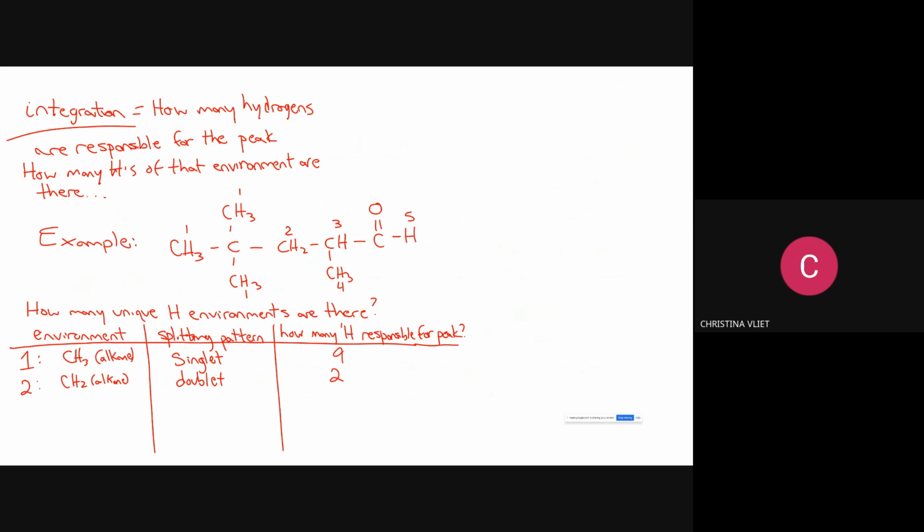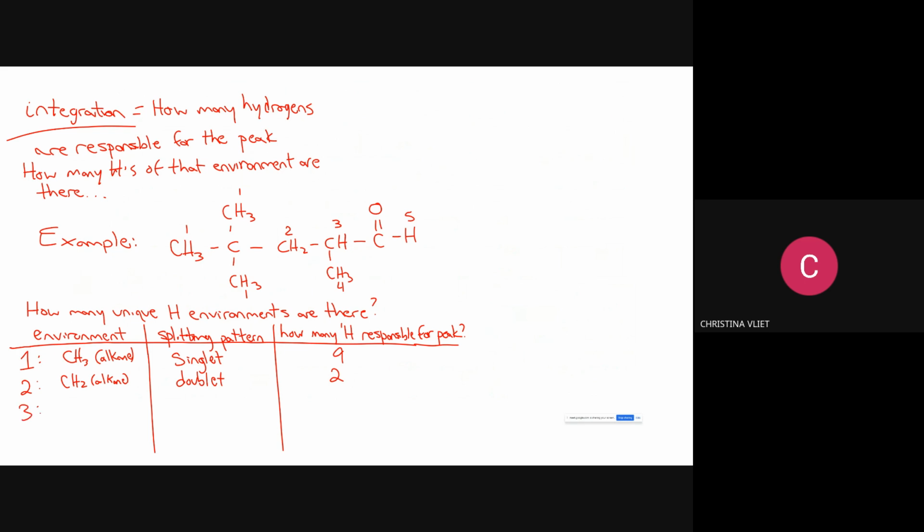You look at both next door. So you look right here, this hydrogen right here, that carbon has how many hydrogens? 0. That carbon has how many hydrogens? 1. If they both had hydrogens, you would have to consider both of them. They don't both have hydrogens. You don't consider the one that doesn't have hydrogens. There's no splitting from here, but there's splitting from here. We'll see that when we look at another example. Number 3.